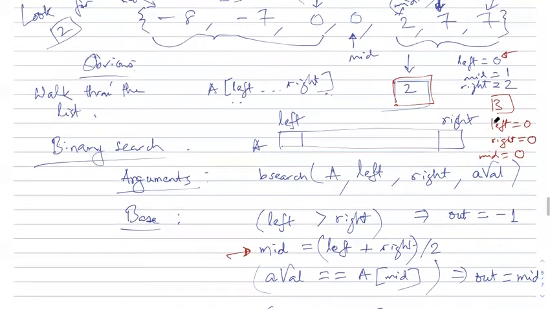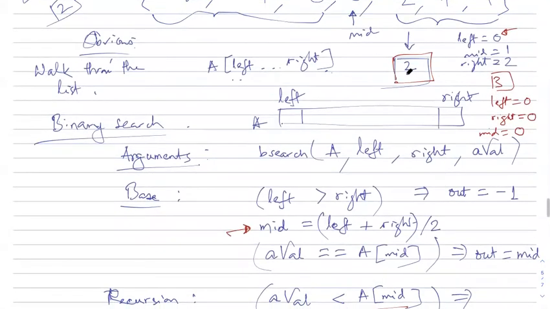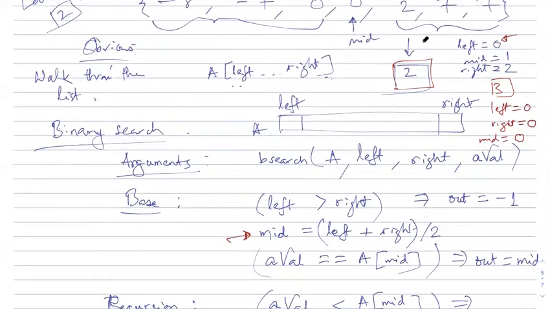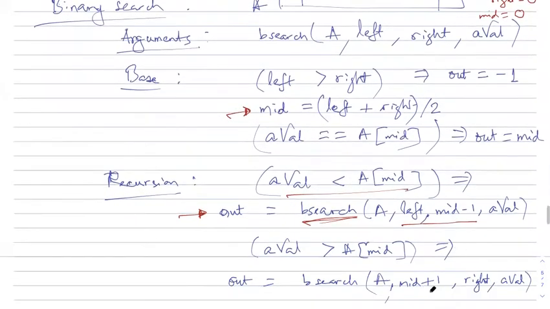When it didn't match, then what is the next step? You see whether 3 is greater than 2 or less than 2. In this case, it is greater than 2, and therefore it's going to look in the right side. So now at this point, it's going to do what? Mid plus 1 to right.